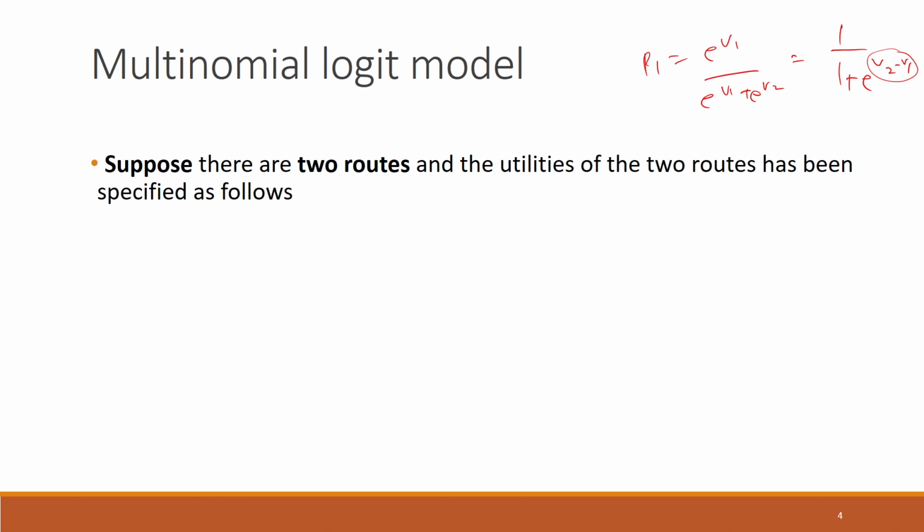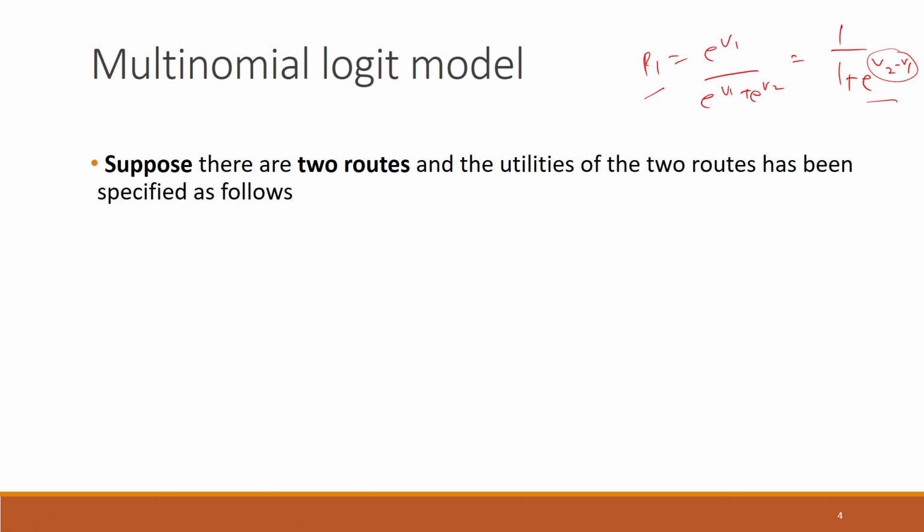Depending upon the difference V2 minus V1, it will determine the probability of choosing the first alternative. This is interesting, but we cannot say the same if there are more than two alternatives, because then there will be other terms also having these exponential powers.